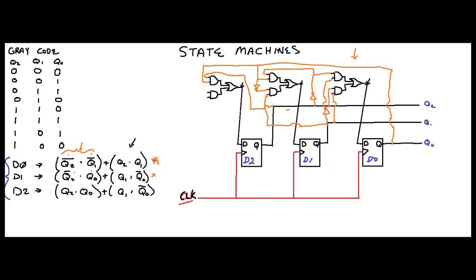This is rather challenging. And then finally for D2, we have a Q1 and a Q0 bar. Wait a minute, I had Q0 all the way up here, and that's Q2. Okay, that's right. And now we want to get Q1.